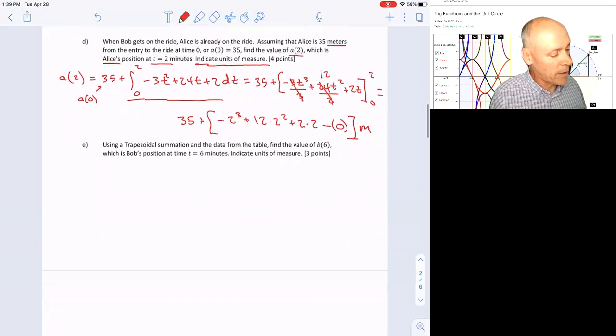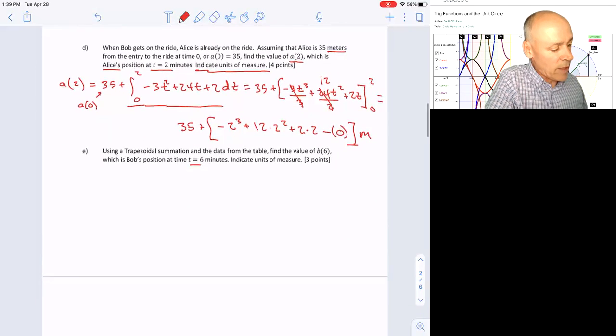And then finally, part E: use a trapezoidal sum and the data from the table, find the value of B at 6, which is Bob's position at t equals 6 minutes. Indicate units of measure. Okay, well, we're doing a similar thing.